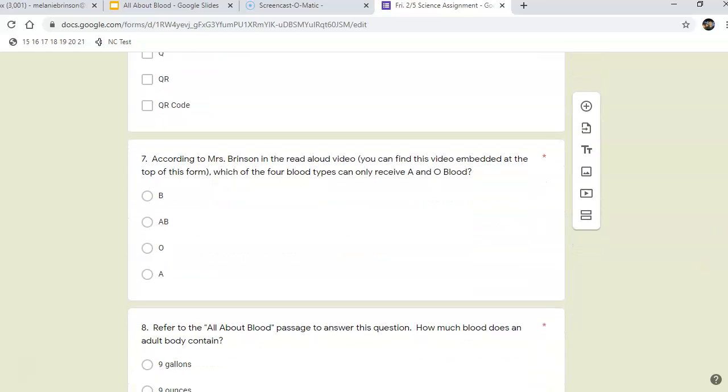Number 7, according to Ms. Brinson in this video, which of the 4 blood types can receive only A blood and O blood? So you may need to rewind the video to see which of the 4 blood types, either B, O, or A, can receive A and O blood.